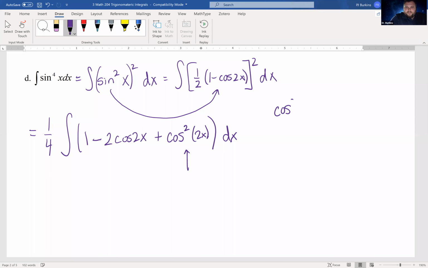So we know that cosine squared of x is equal to 1/2 times 1 plus cosine 2x. So what if I replace the x in there with 2x? Well, now it's going to be 1/2 times 1 plus cosine 4x.